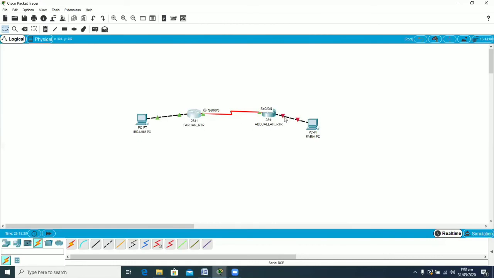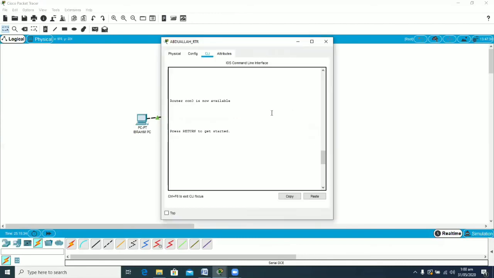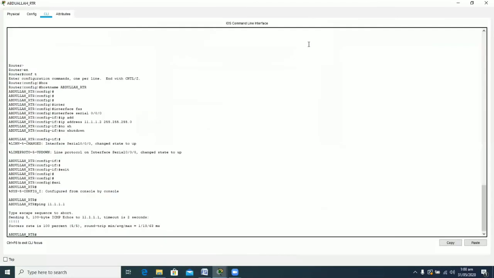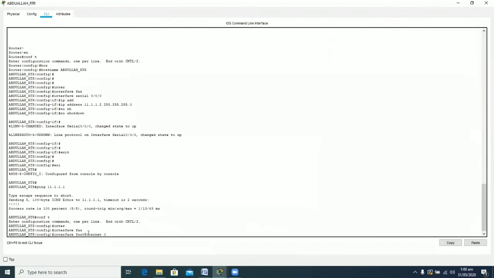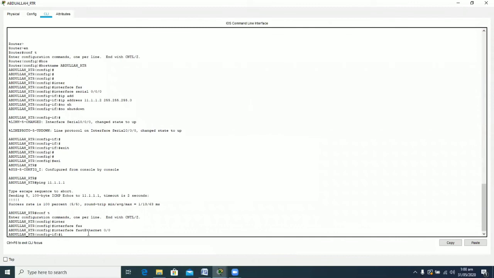Now I will be moving to the fast Ethernet 0/0 that is connected to the Faria PC, and here I will be using 12 network, 12.0.0.0 network. So this is our Abdullah router. Moving to the global configuration mode and then entering into the interface fast Ethernet 0/0. Tab feature should be used by you.